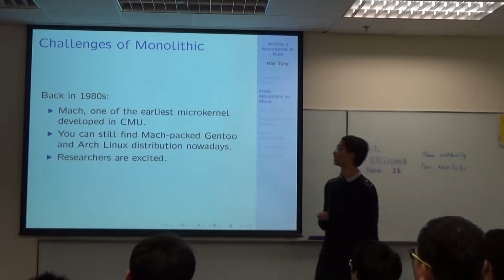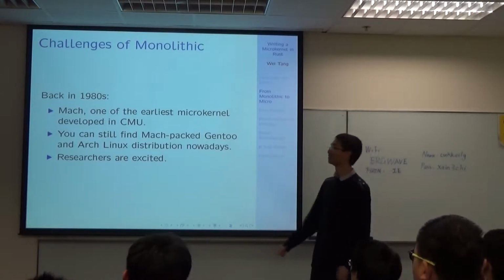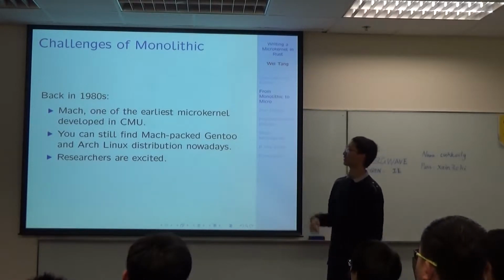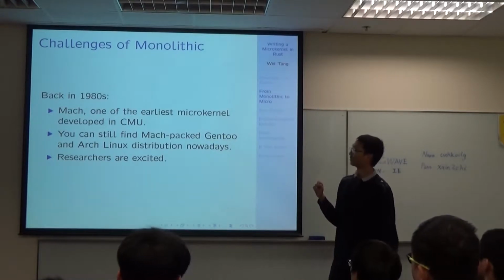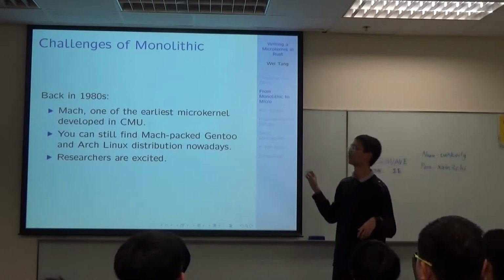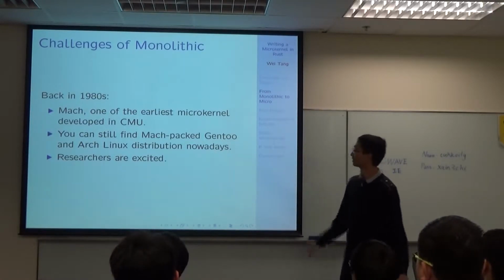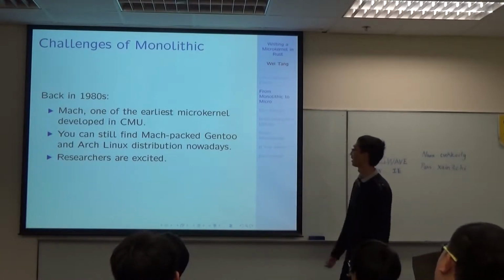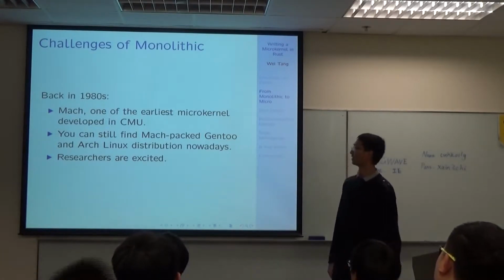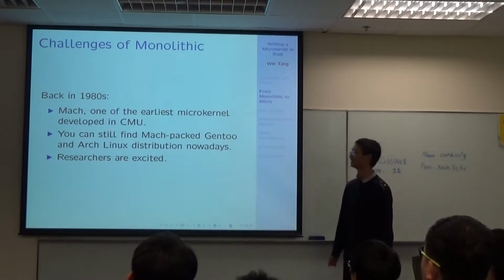Back in the 1980s, CMU developed one of the earliest, I don't know whether it's the first, microkernels called Mach. And then GNU packed this microkernel into a full operating system called Hurd. You can still find this Hurd packaged in Gentoo and Arch. It's called the Arch Hurd distribution nowadays.